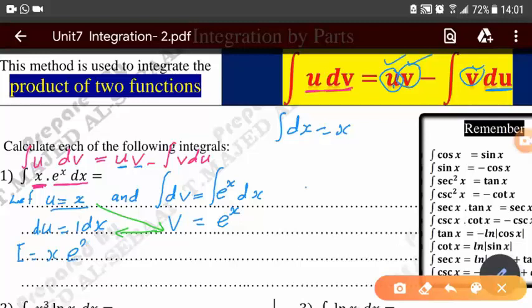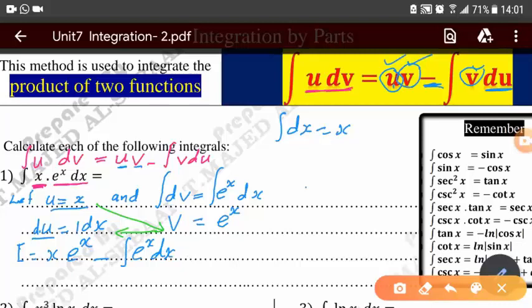Minus. Why minus? Because it's minus from the rule itself. The integration of v, what is v? It is e^x, du. What is du? It's dx. Oh, really nice.